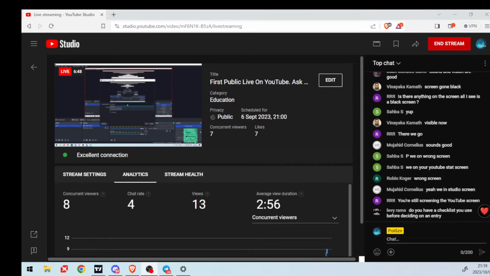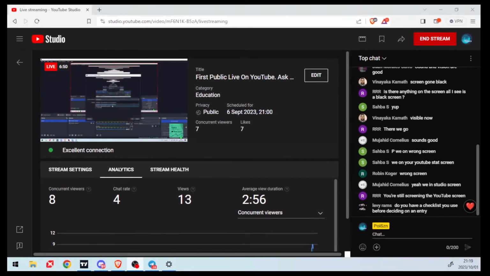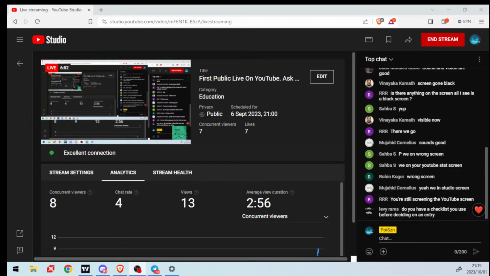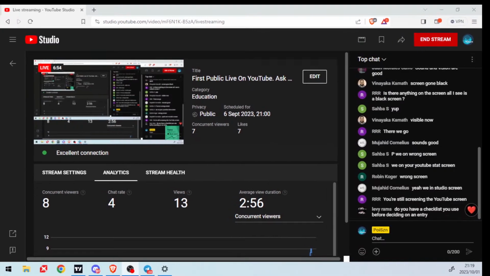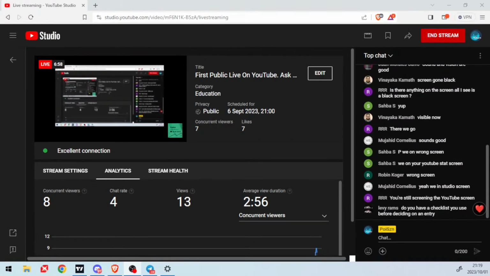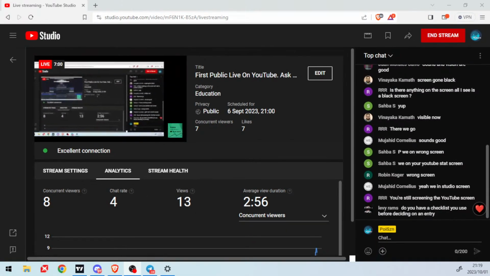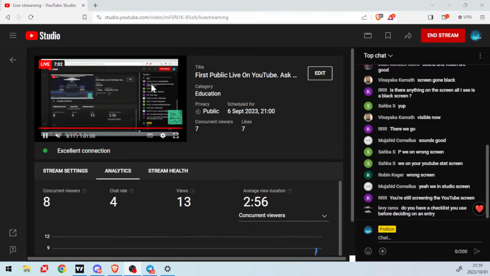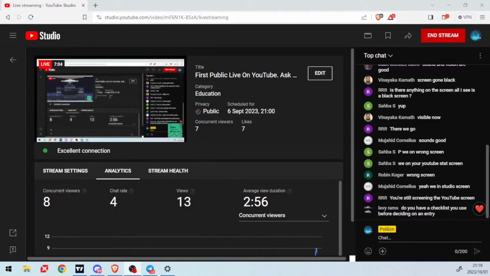I split the screen, so now it's showing the wrong screen. Why is it showing this screen now?